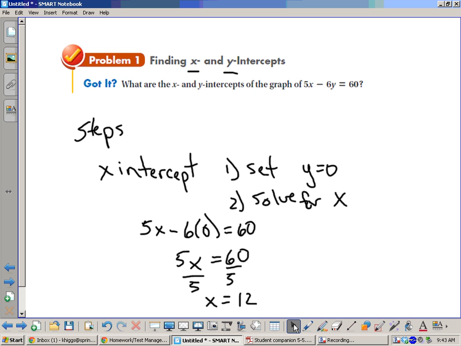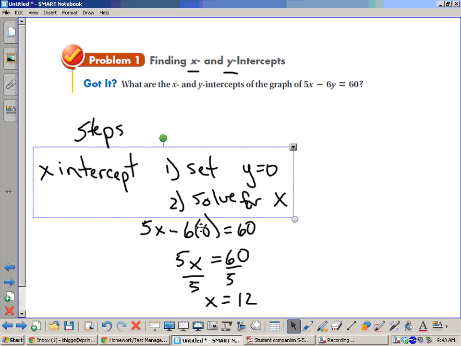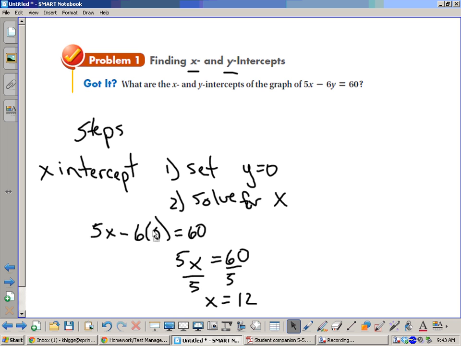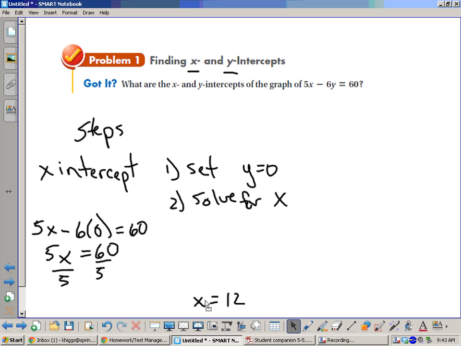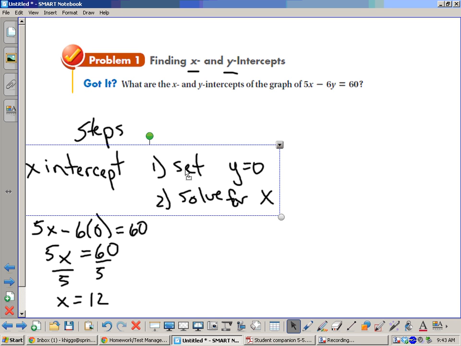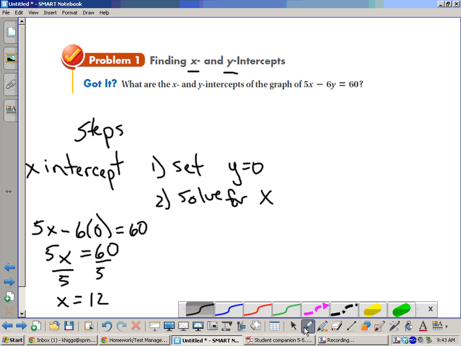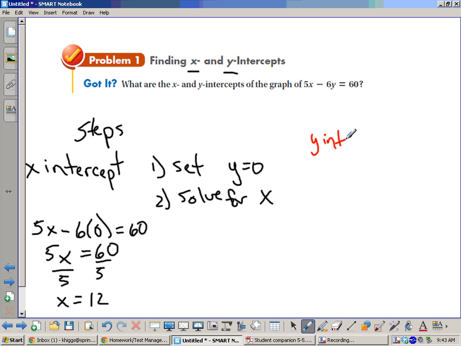To find the y-intercept, so I'm going to slide this over so that I can put the steps for solving for the y-intercept over here. And we'll do that in a different color. So the steps to find the y-intercept are very similar, except we're going to set x equal to 0 for the y-intercept.